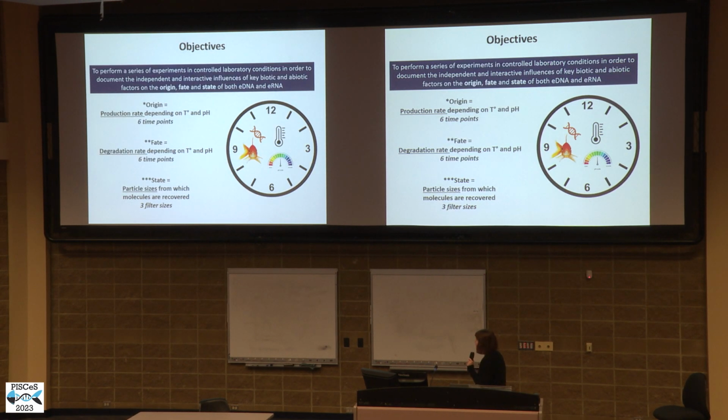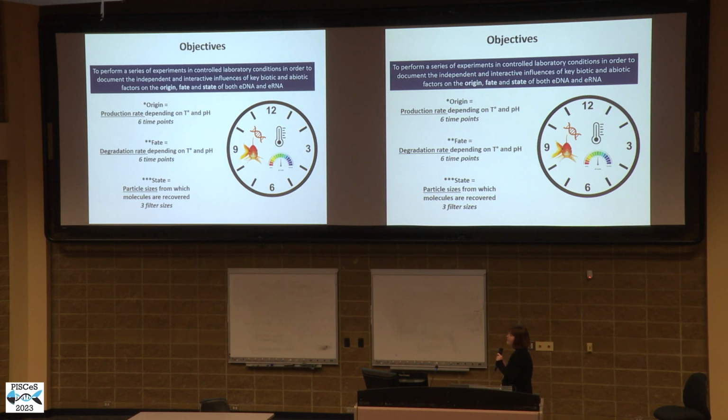So our objectives were to perform a series of experiments in controlled laboratory conditions in order to document the independent and the interactive influence of key biotic and abiotic factors on the origin, on the fate, and on the state of the molecules. When I'm talking about the origin, we were interested in following the production rate depending on two abiotic factors that were temperature and pH. We did that at 6 time points when the fish were present.